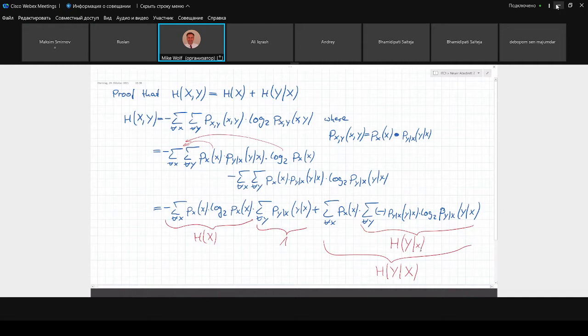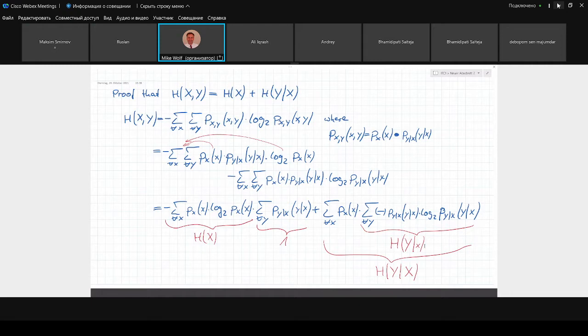This h of y given x can be different for different lowercase x values. Therefore, even if the sum of all x values is of course 1, you weight something with this. And you weight the surprise, let's say, in y if you know x. But we discuss this in the seminar later. Yeah, further, there are more examples. We started with the seminar with such an example, and we proceed with this.